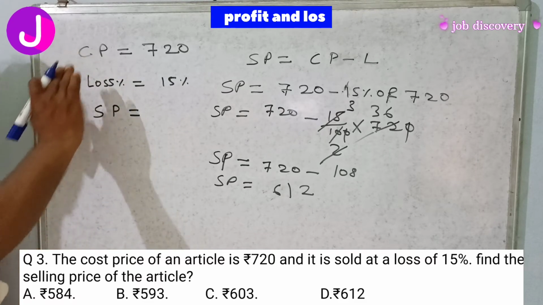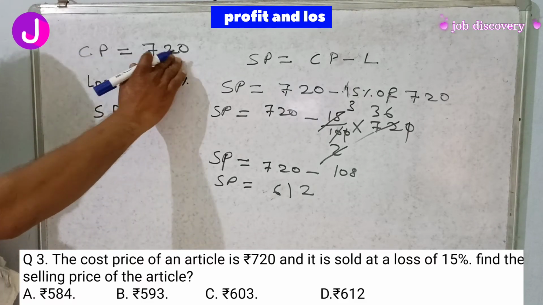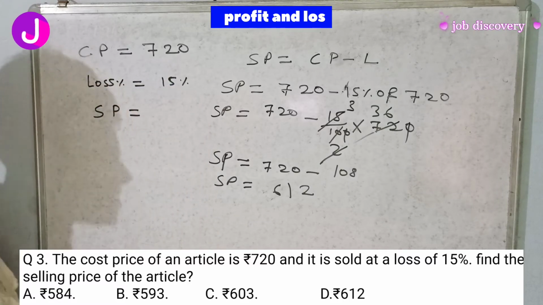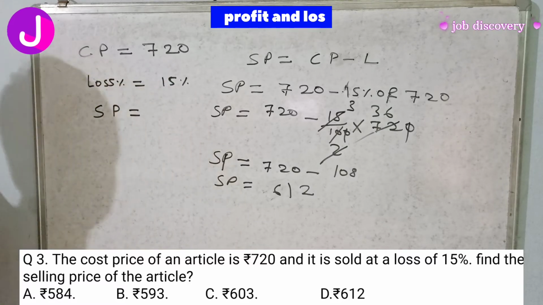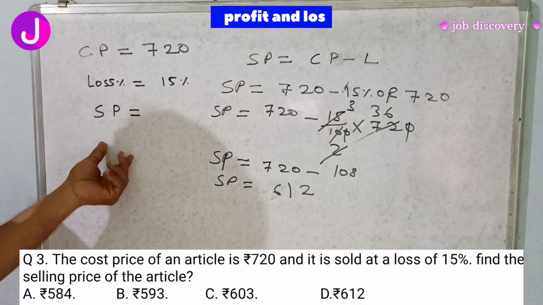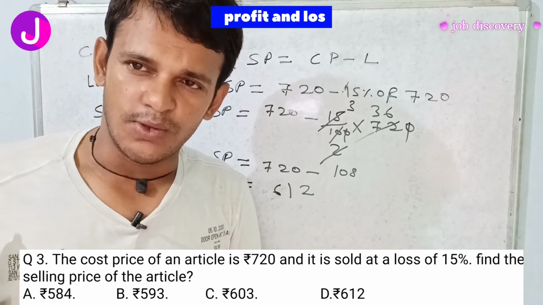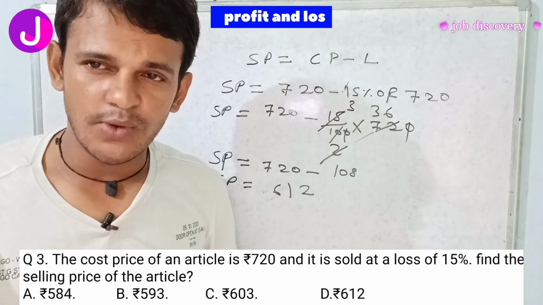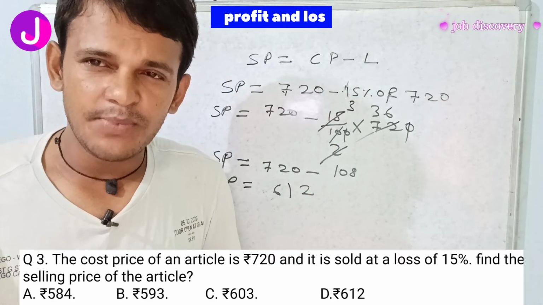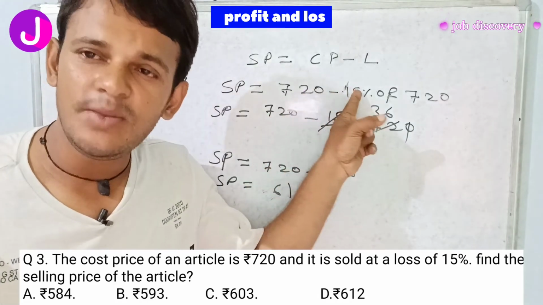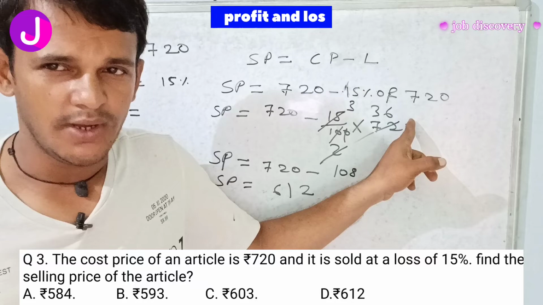See here friends, cost price is given 720, loss percent is given 15%. We need to know what is his selling price. So selling price is equal to cost price minus loss. Cost price is 720 and loss is 15%. So 720 minus 15% of 720, right?